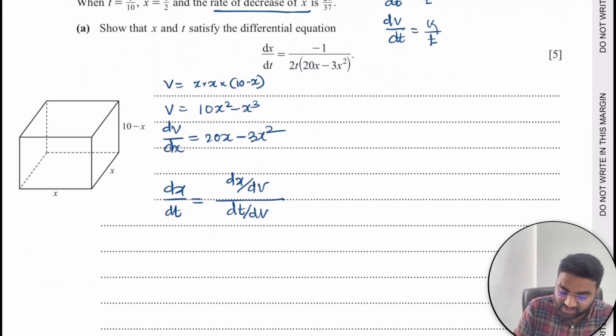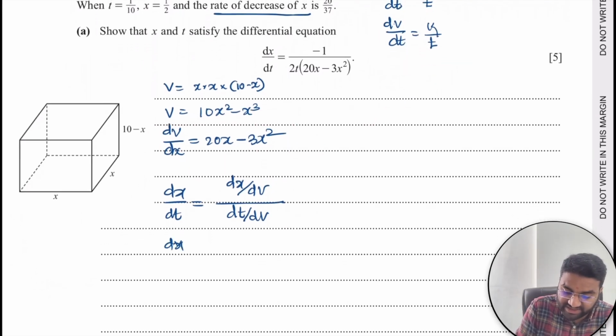So here we will get dx by dt is equal to, now here it's dx by dv, so you have to take the reciprocal. 1 upon 20x minus 3x square, times k upon t.